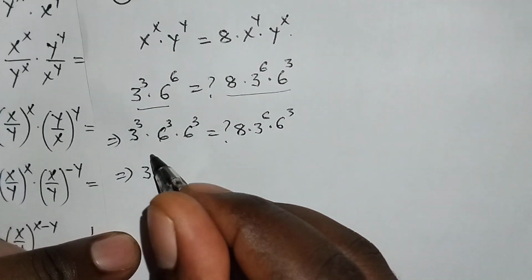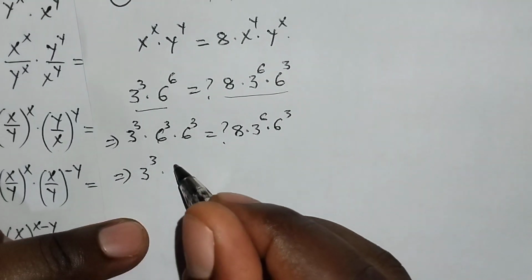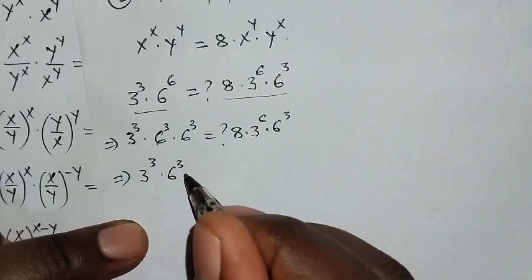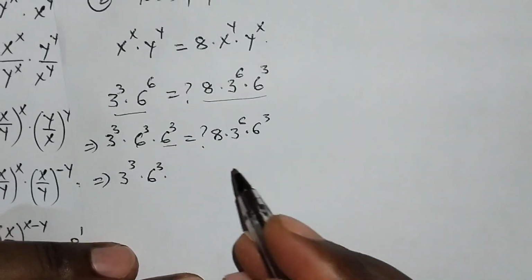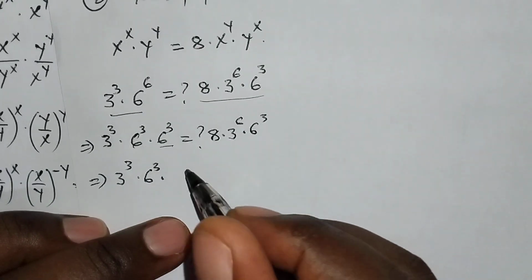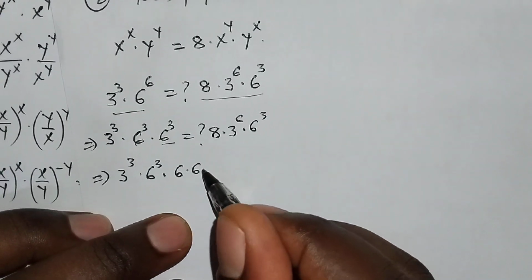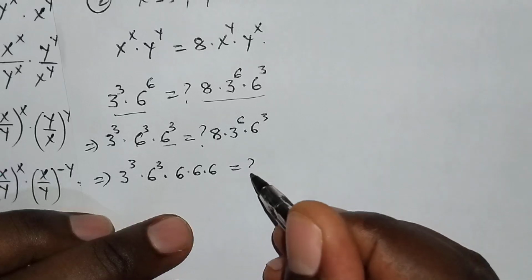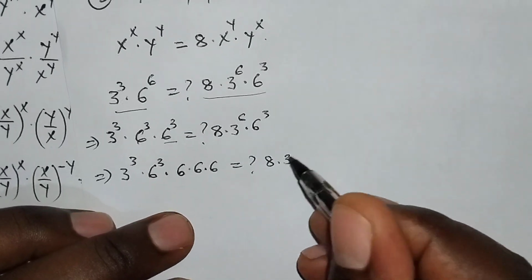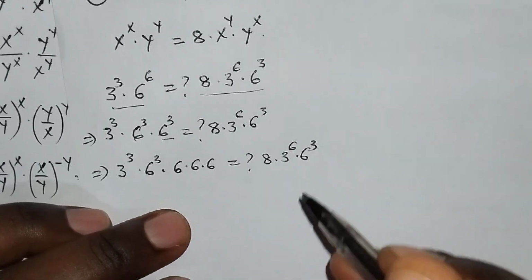That is 3 power 3 times 6 power 3 times this one. It will be equal to 6 times 6 times 6. Is it equal to 8 times 3 power 6 times 6 power 3?